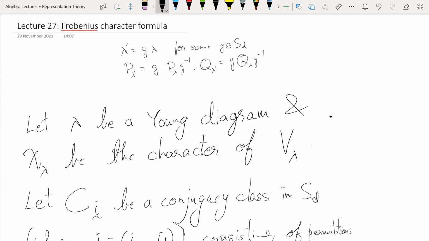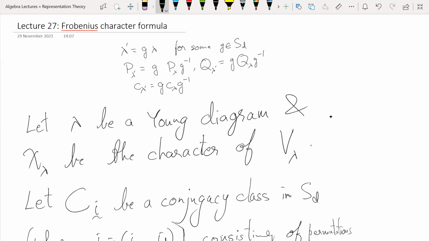So C lambda prime is just g C lambda g inverse, because that is true for A lambda prime and B lambda prime as well, and hence for C lambda prime, because it is the product of these two.